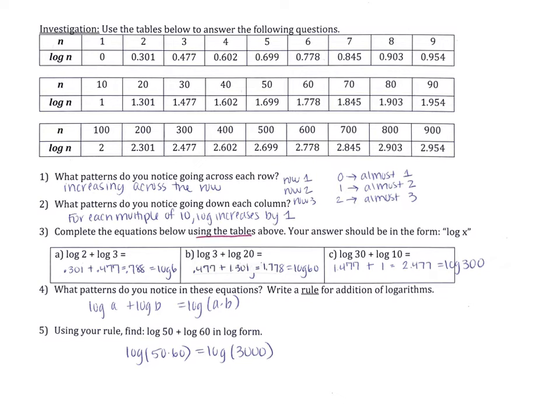So using this rule that we just came up with, 2 times 3 is 6. So log 2 plus log 3 equals log 2 times 3, which is 6. Okay, same thing for B and C.